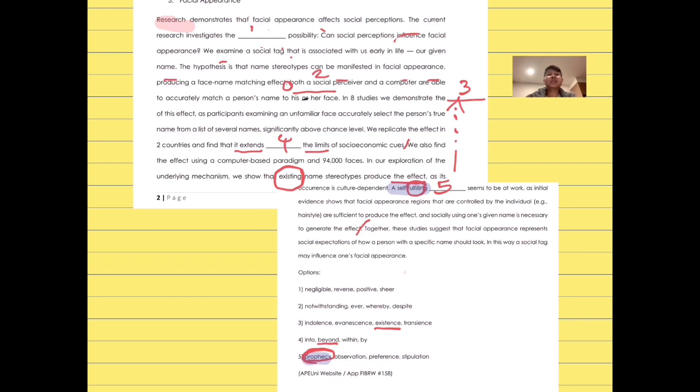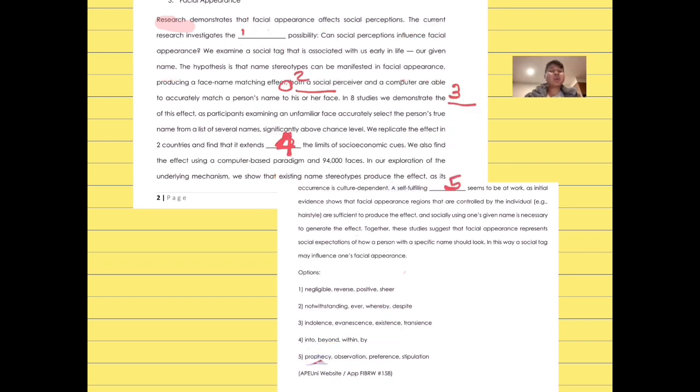I'm going to recap the answers for you. The first one, we have to go with the reverse possibility. The second one, you see the comma here, we have to go with whereby both social perceiver and computer are able to match a person's name and face.